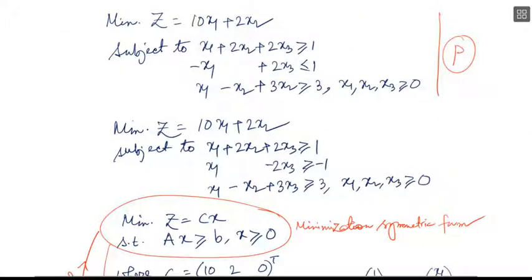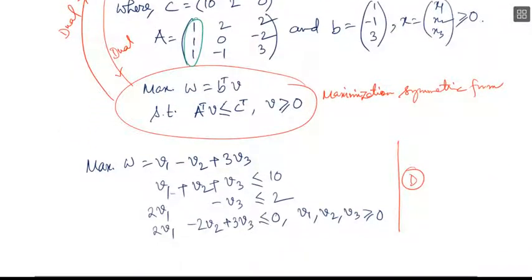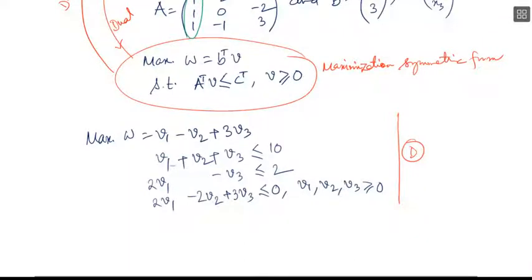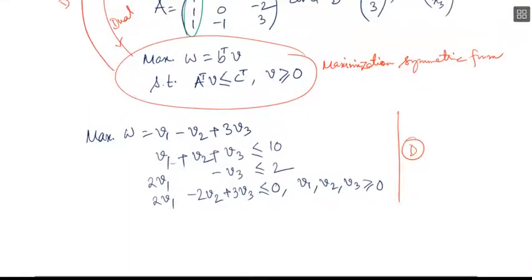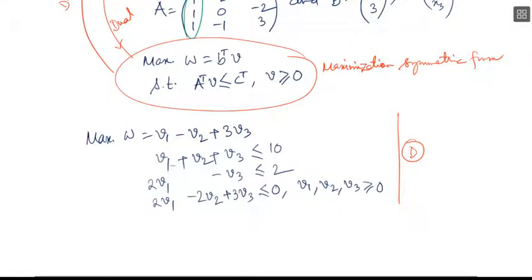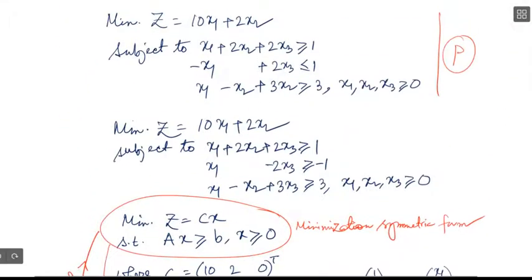So the primal is given and we are getting the dual as the last problem. Now we will solve both the problems independently. Let's take the primal problem once again.